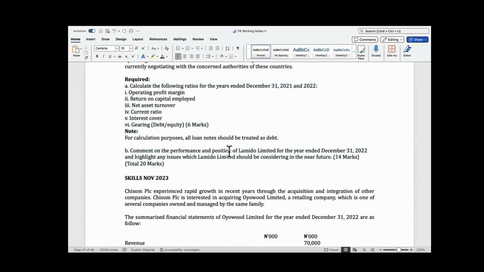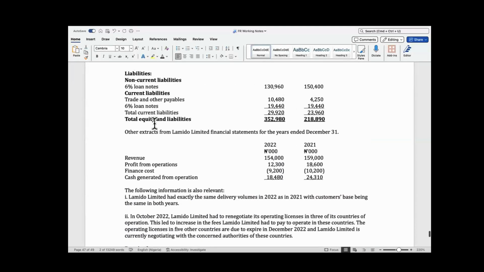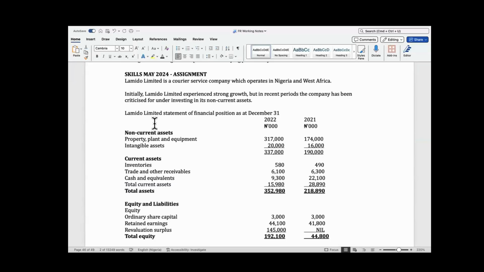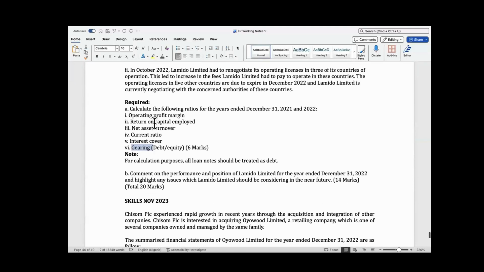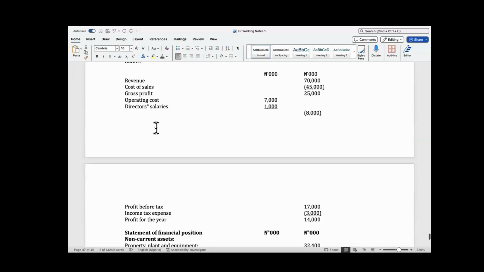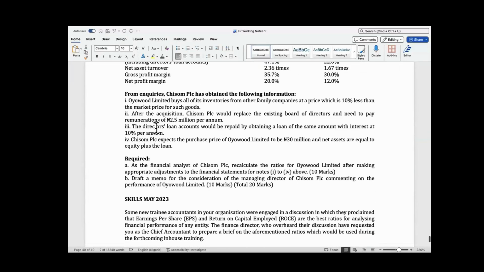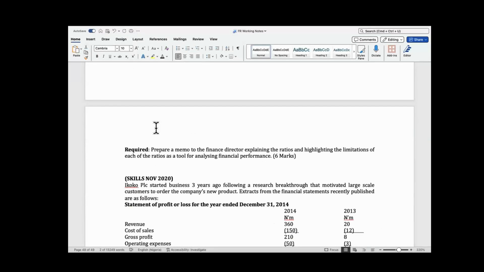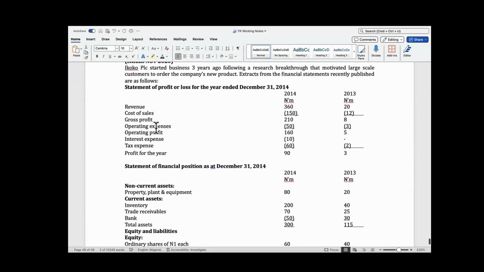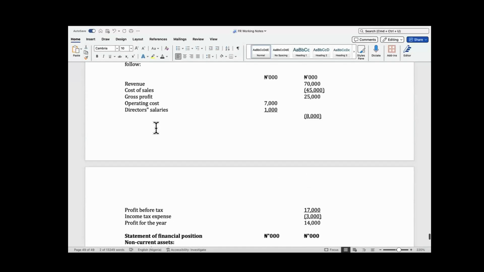So when they say make comment, just the same way I've been making those comments. So make comment on each of these ratios. Speak to each of them. And you are doing for 2 years, so you can easily compare from 1 year to another. So let's do November 2023.